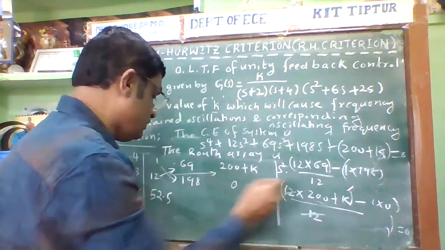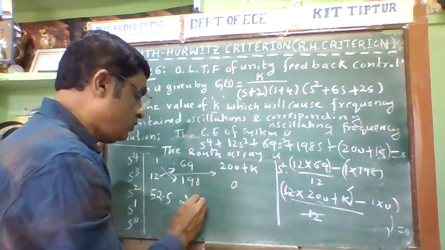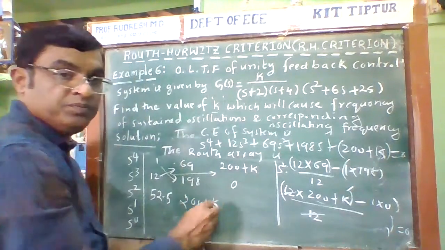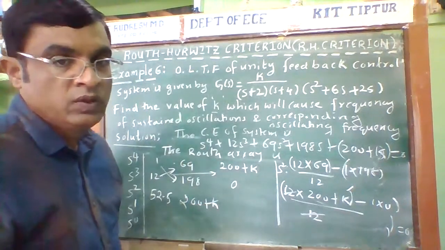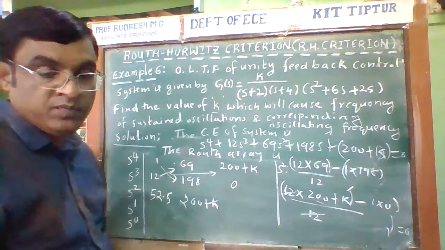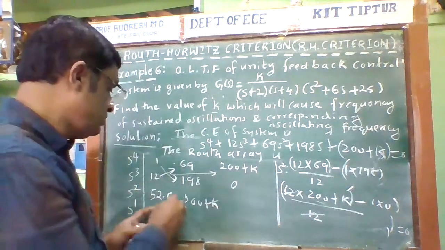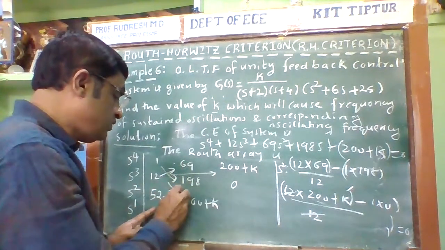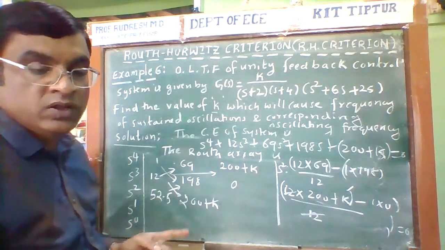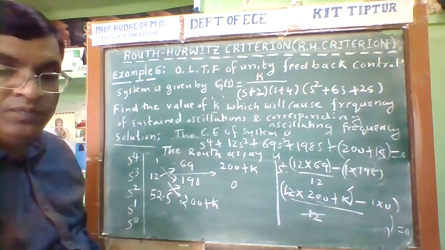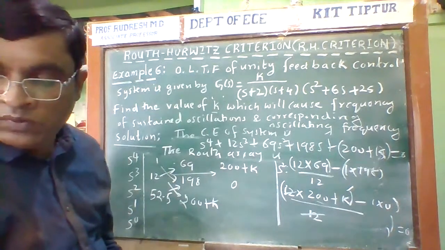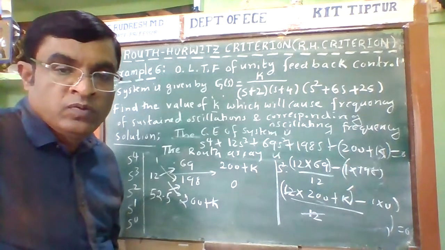This 12 gets cancelled. Therefore, here we need to write down 200 plus K. Now similarly find out this into this minus this into this, then it will give the value.